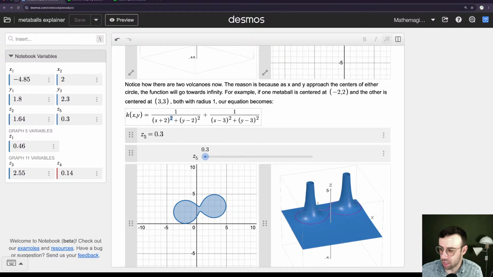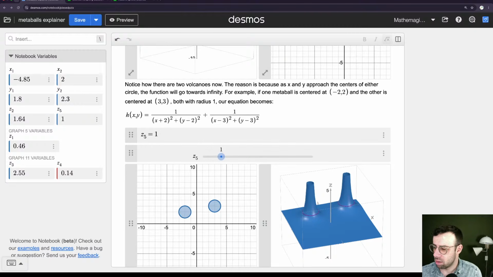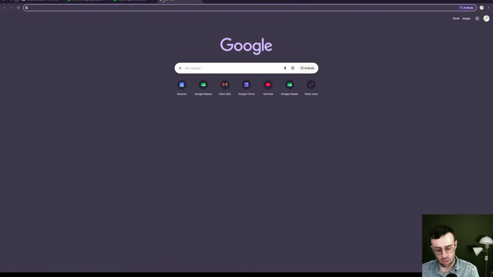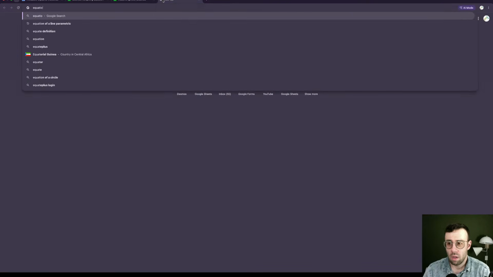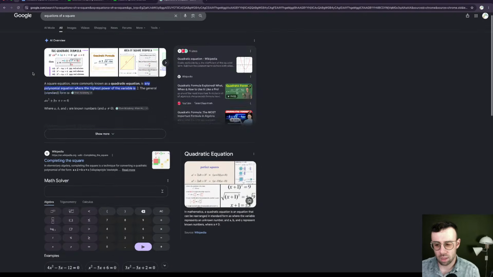Yeah, we're still going. We're just kind of more hanging out now, though, and thinking of funny ideas with metaballs. Yeah, meta square would be fun. Let's see.